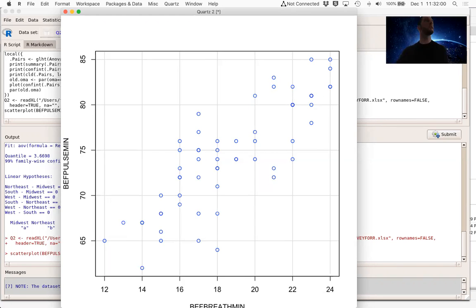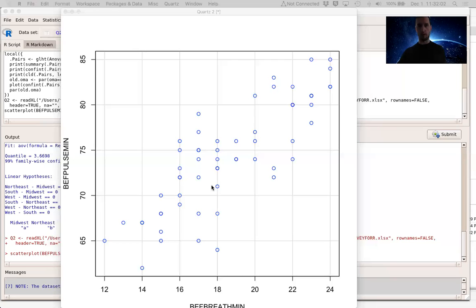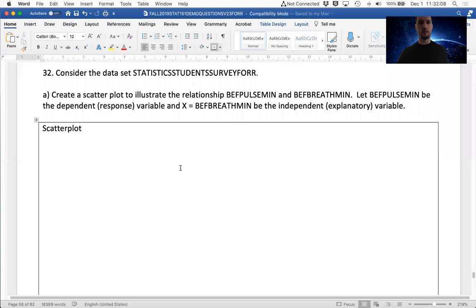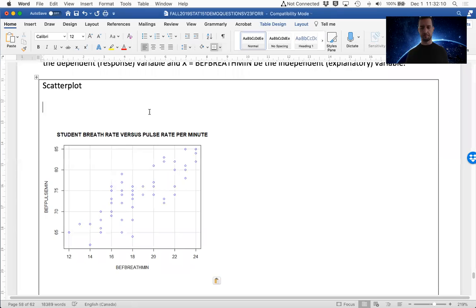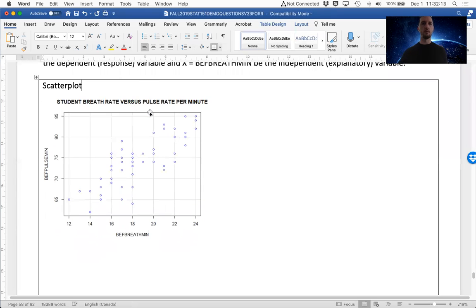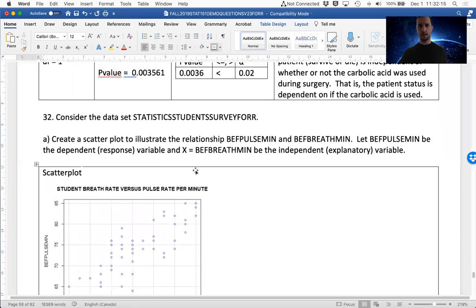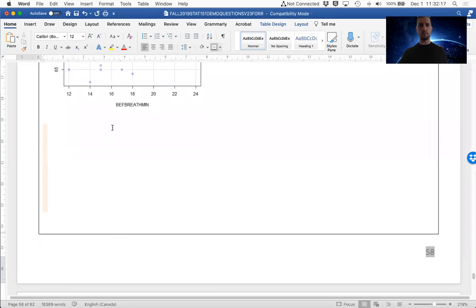All right, so here's our scatter plot for before pulse min versus before breath min. We'll just plug this in here. And that's all the question asked for. It just wants the scatter plot.